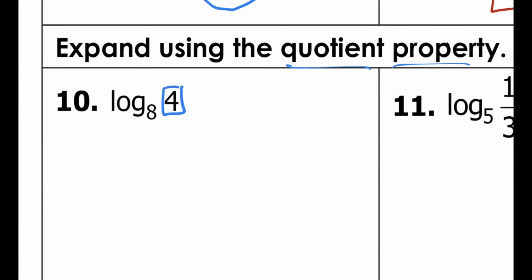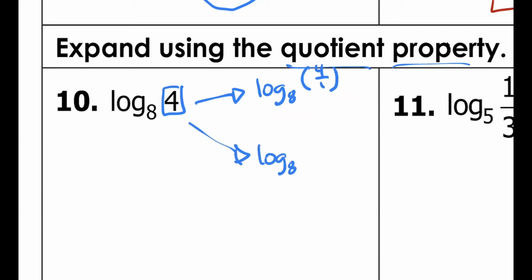There pretty much is an infinite amount of ways to do this. The most basic way is log base 8 of 4 over 1. That's one way to write it. Or I can write this as log base 8 of 32 over 8, which gives me 4.